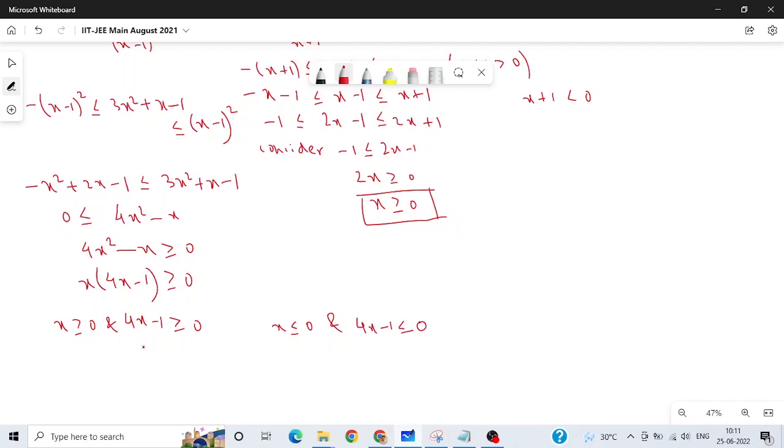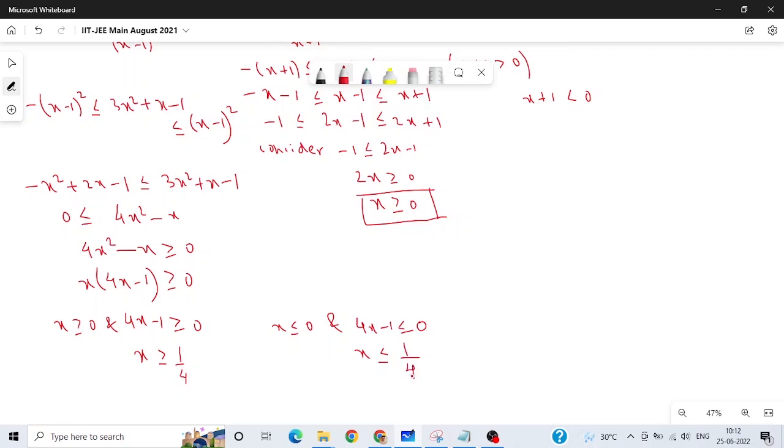So here x greater than or equal to 0 and we are getting x greater than or equal to 1 by 4. And here we have x less than or equal to 0 and we get from here x is less than or equal to 1 by 4.